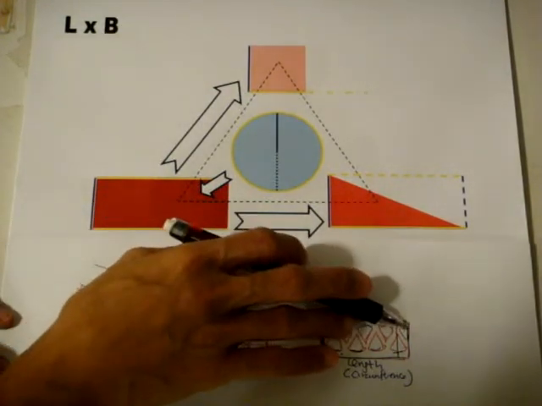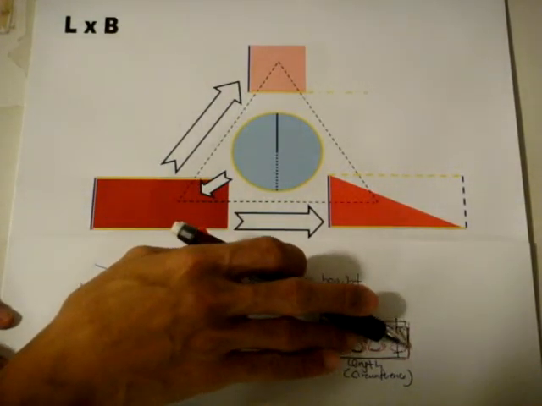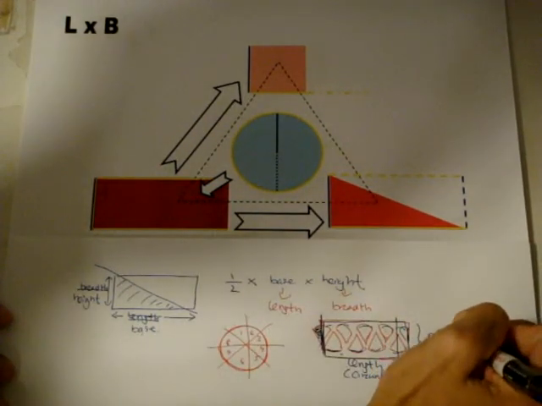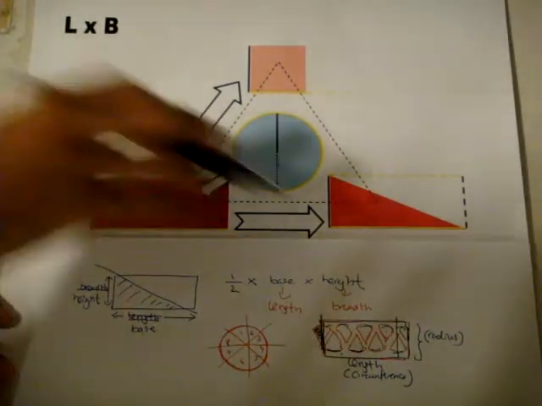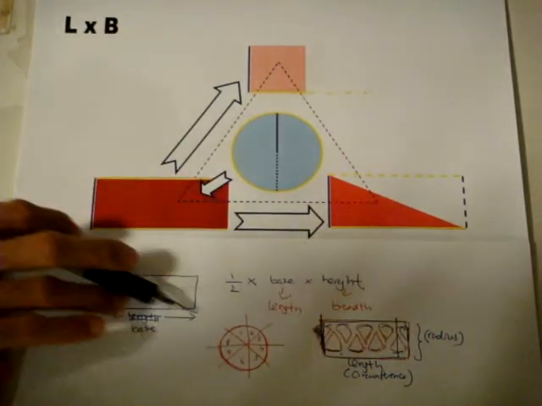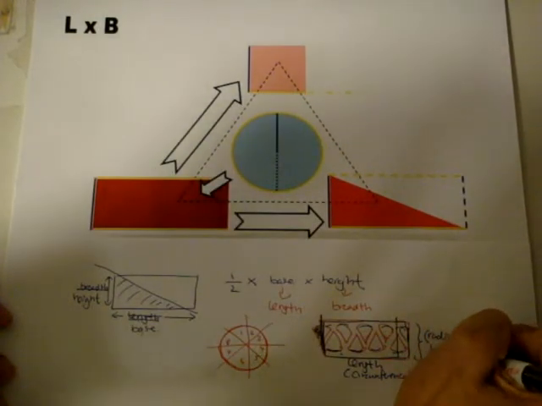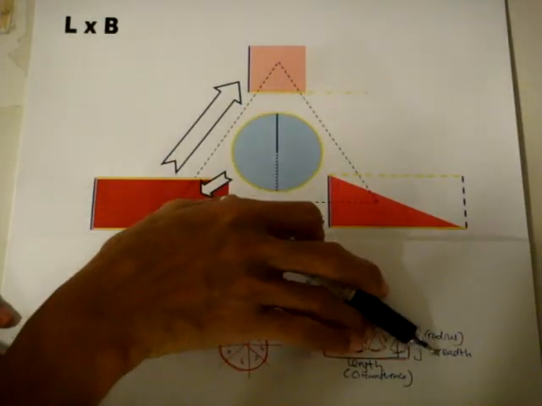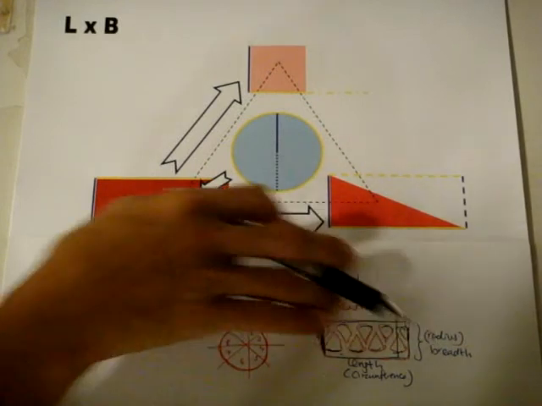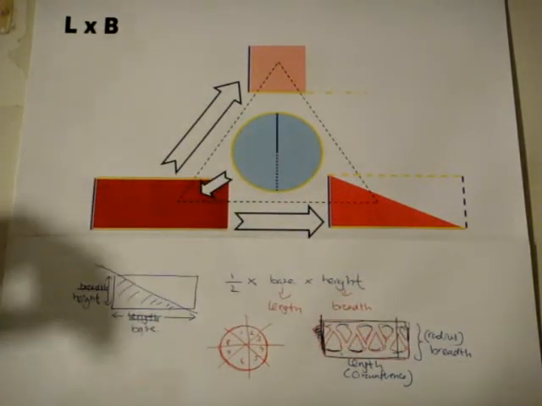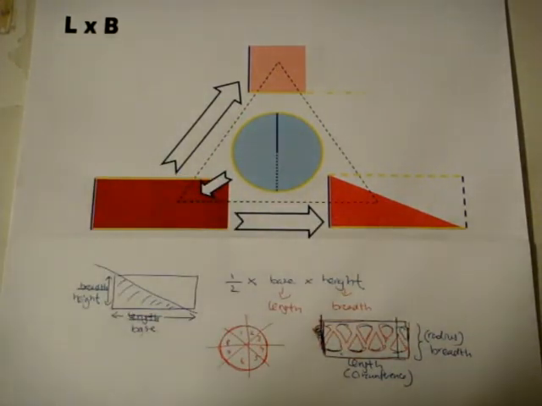And this portion is actually the radius, which is originally called the breadth. Knowing how a circle is related to a rectangle is not so important, but if you know, you will find that it's very interesting.